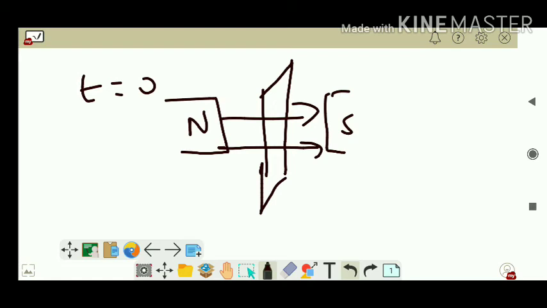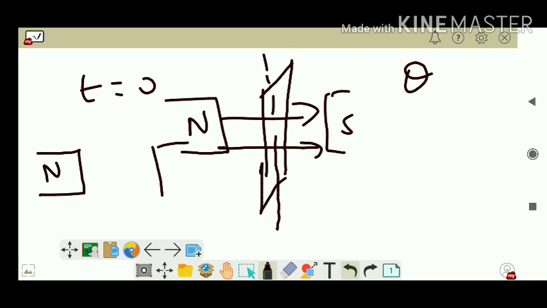So maximum flux. Now after time t, suppose this is the axis of rotation, this coil rotates by an angle, say theta, right? So initially, if this was the north and this was the south, the initial condition is like this itself.